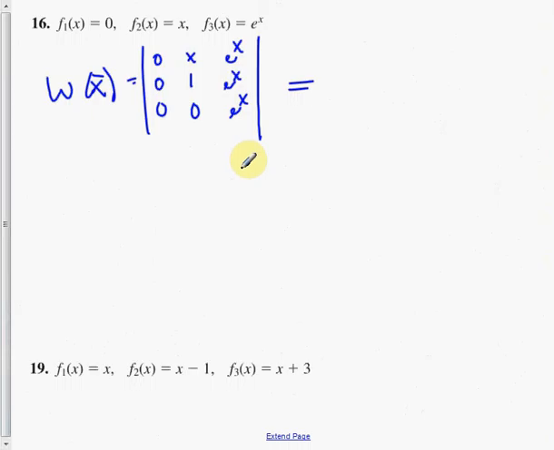For the determinant, if you have a row of all zeros, the determinant is equal to 0. If you have a column of all zeros, the determinant is automatically equal to 0. If you have a row of all zeros, don't do any work. The determinant is equal to 0. You're done. Okay.